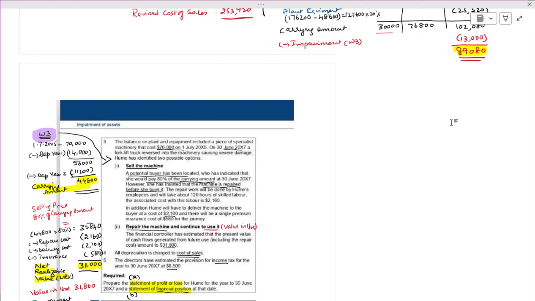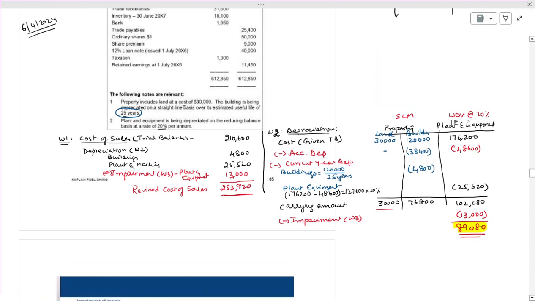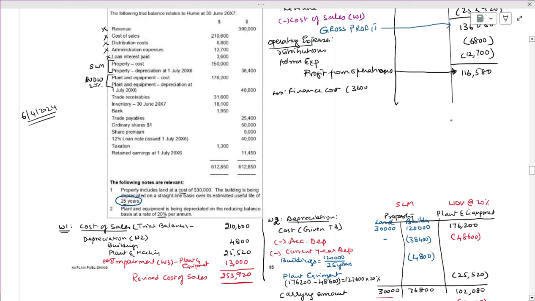Check. They have said how much? 12%. See the things. 12% loan issued. How much is the loan amount? 40,000.